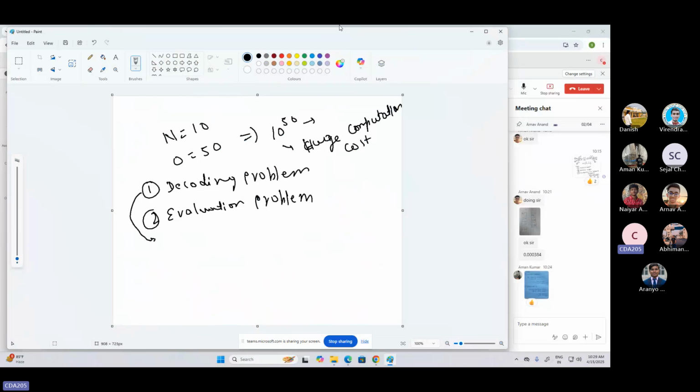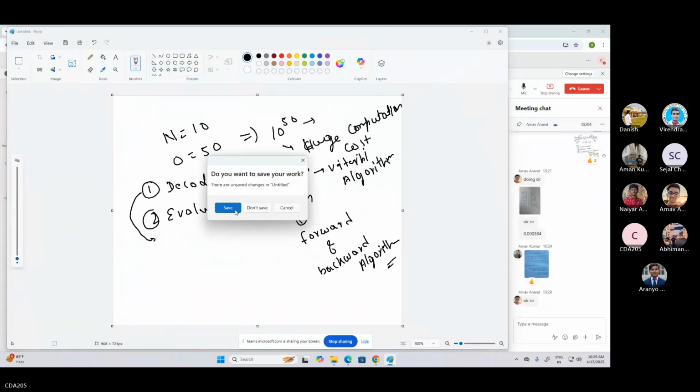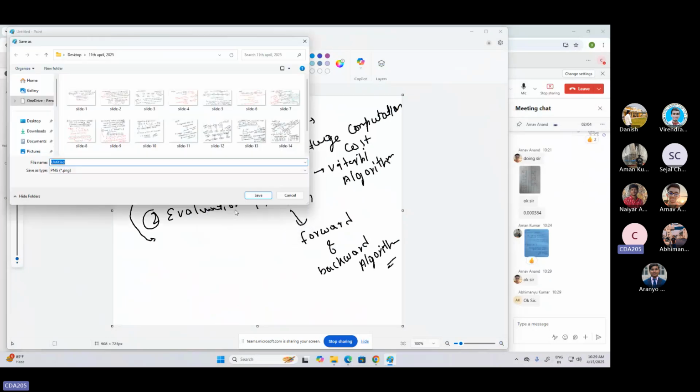This is done by the Viterbi algorithm. And the evaluation problem will be done by the forward and backward algorithm. So tomorrow we are going to see the decoding problem. Okay, are you clear with this? Everyone? So tomorrow we will see both the problems.